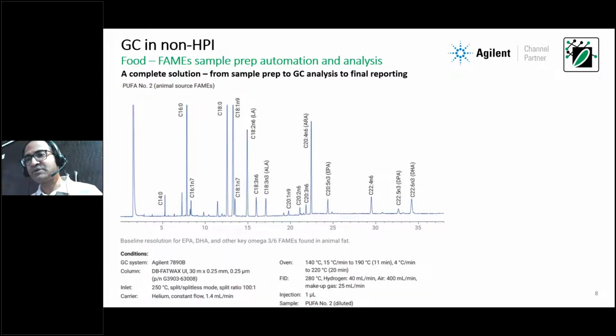But longer columns require longer run times also. If one wants to reduce the run times, we can use the shorter columns, and therefore this 30-meter column actually still does the excellent separation of the critical fatty acids, and we are able to do the analysis much faster. So the fast wax column is available to us. We can use this for the analysis, and then analysis can be done quickly.